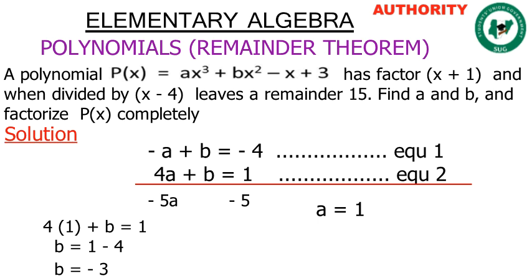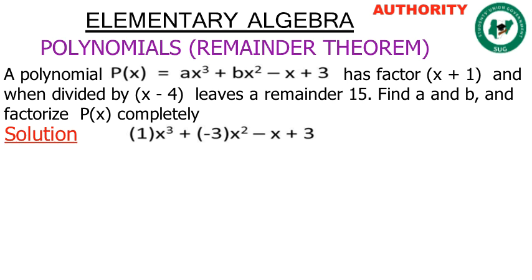In place of a, we're going to write 1, x cubed plus, in place of b, write minus 3, close the bracket, x squared minus x plus 3 is equal to 0. So we're going to have x cubed minus 3x squared minus x plus 3 is equal to 0. This is our main function, p of x.